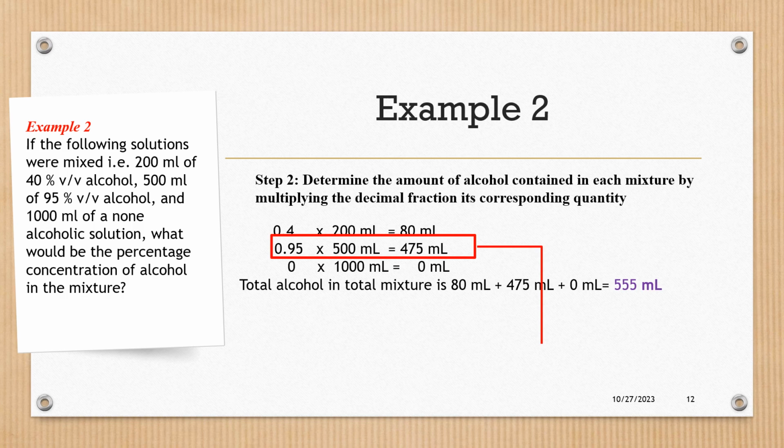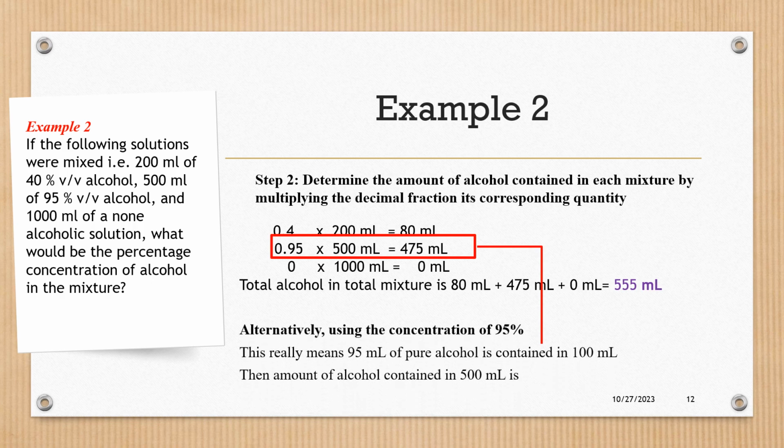Again, just to point out, recall we came up with that 0.95 from converting 95% to decimal. So in essence, for each 100 mL of that specific stock that we added to the mixture, 95 mL of it is pure alcohol, because that is what the 95% tells us.